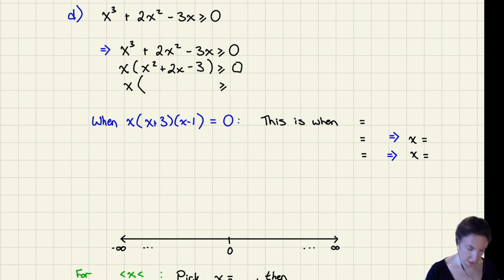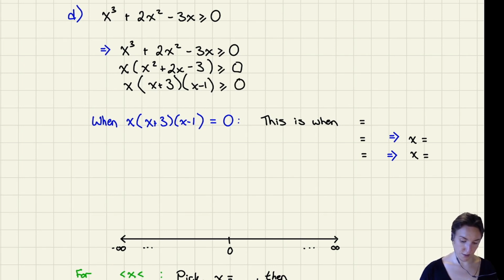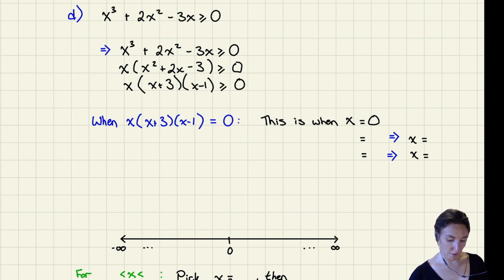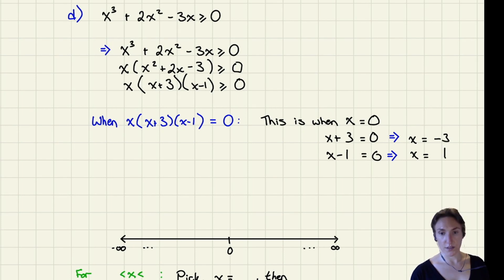And if you have a hard time seeing this, you can always use the quadratic equation, okay? So x times x plus 3 times x minus 1 is greater or equal to 0. I can have x is equal to 0. I can have x plus 3 is equal to 0. Or I can have x minus 1 is equal to 0. So this is giving me 3 solutions: 0, -3, and +1.